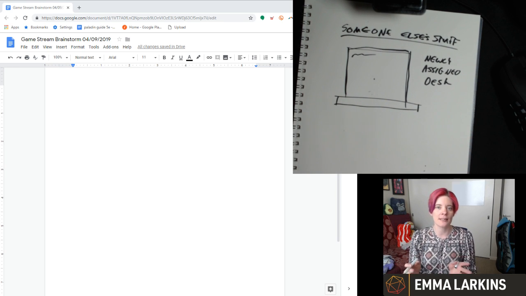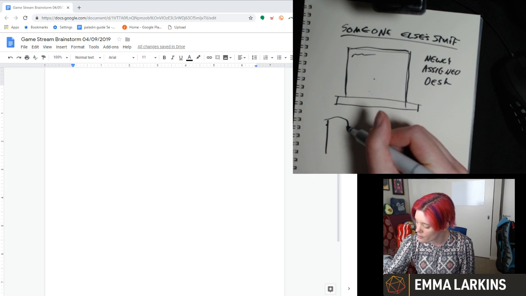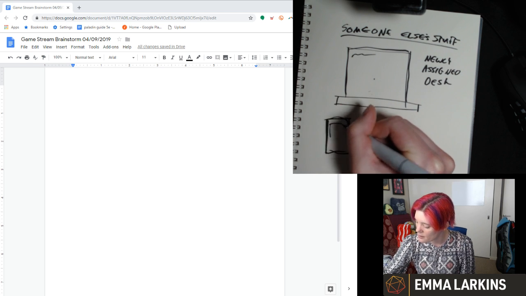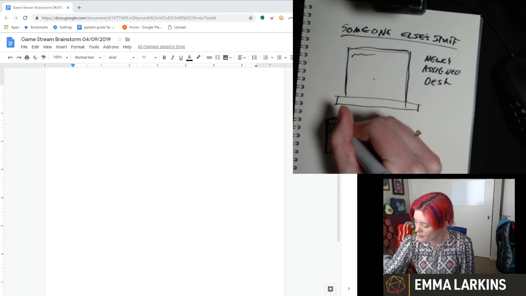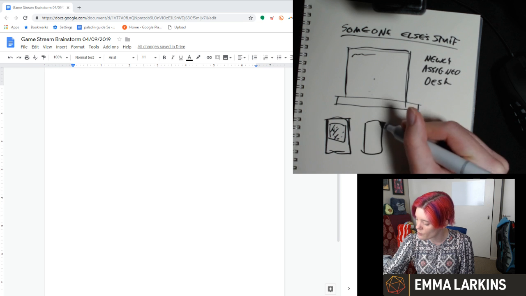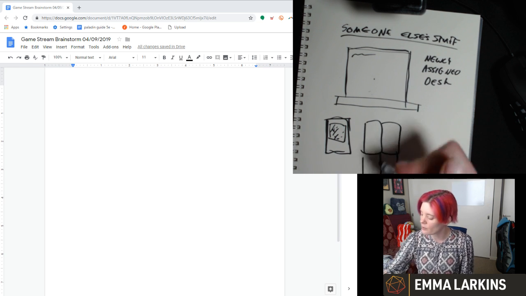Okay, so let's dig in a little bit into this concept. What is the form factor of this desk going to be? It could be one card that's just a desk card with different stuff on it. It could be a few cards that form the inside of the desk, and that creates a little bit of randomization.